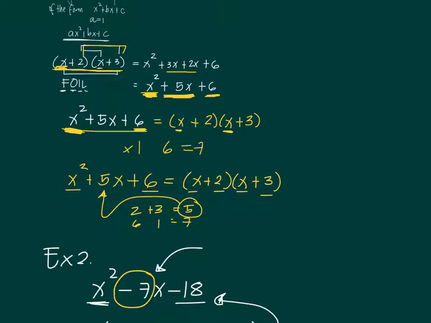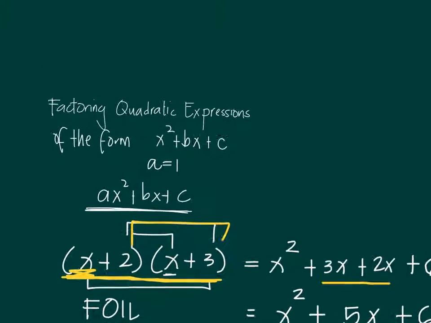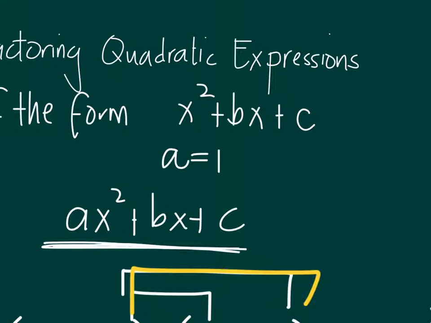I have 4 examples, different formats, different combinations of signs: positive, positive; negative, negative; negative, positive; and positive, negative. All the process is basically the same. But again, always check, because this is a very specific kind of ax squared plus bx plus c.